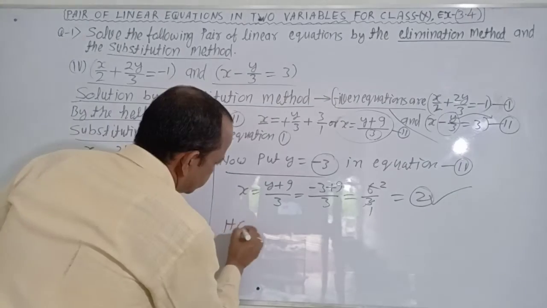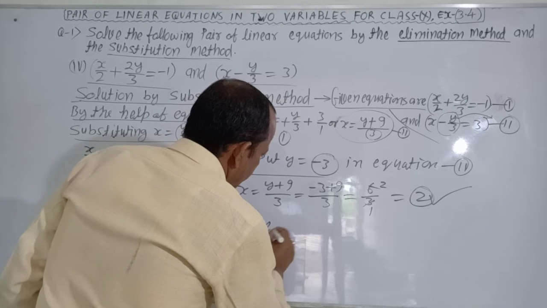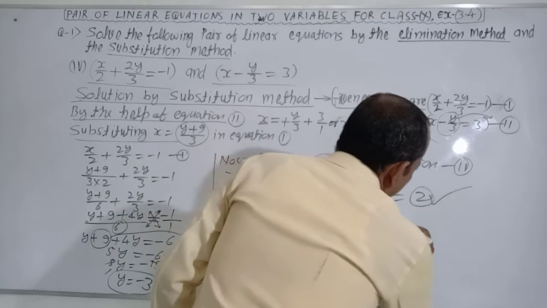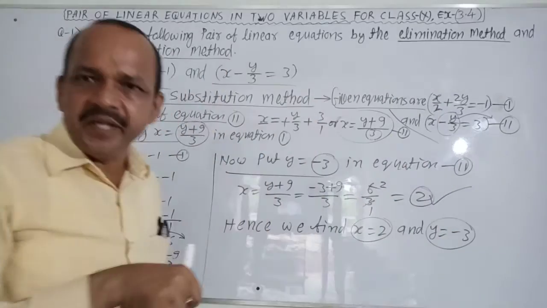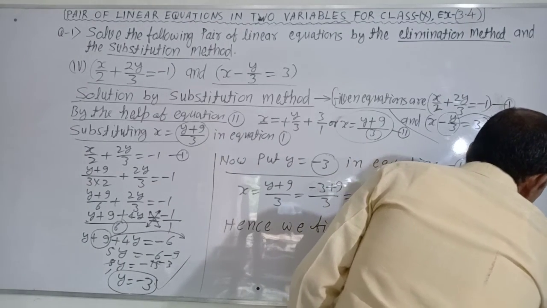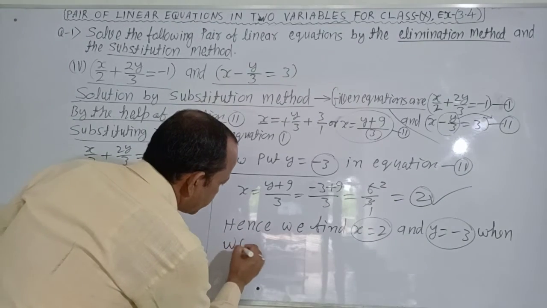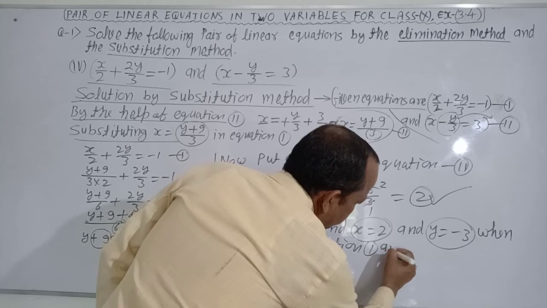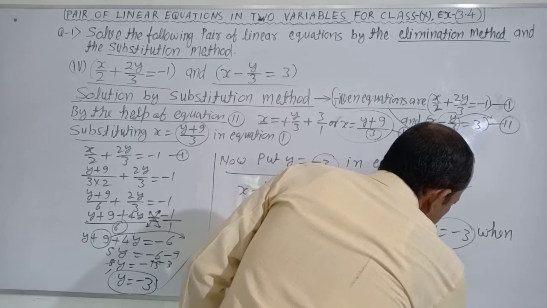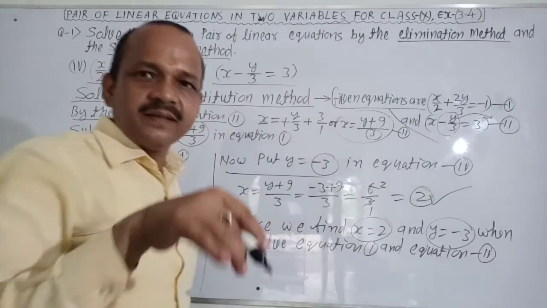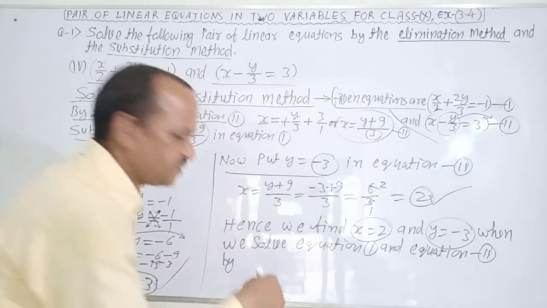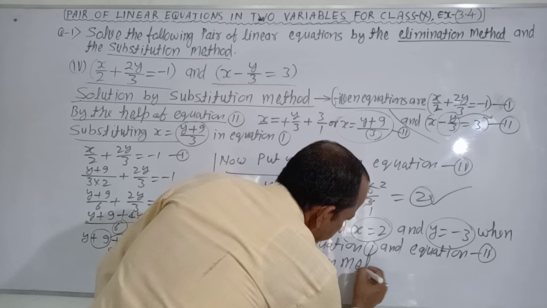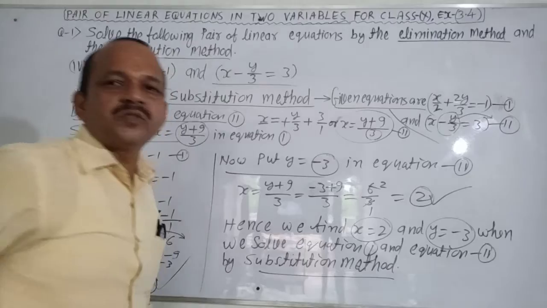Hence we find x equal to 2 and y equal to minus 3 when we solve equation first and equation second by the substitution method.